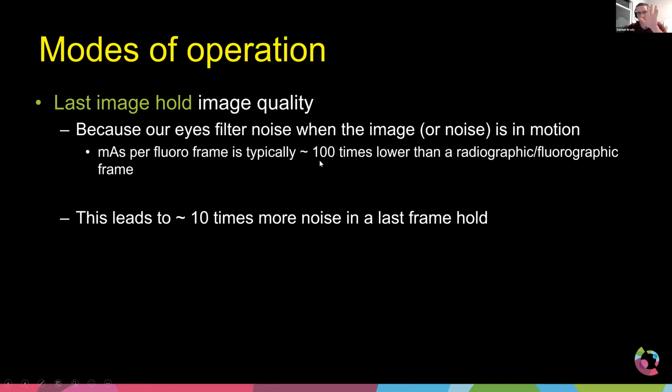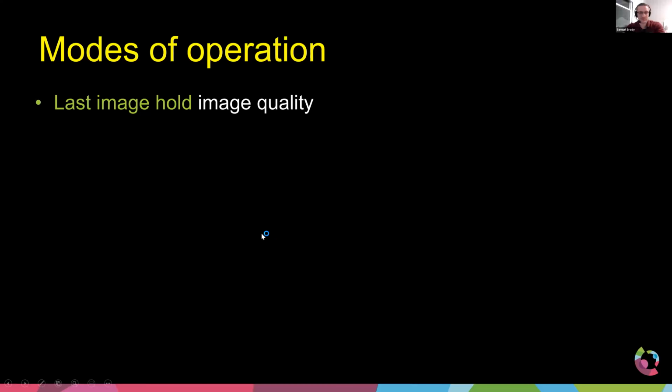So in the X-ray room, when you just take one image of a PA chest or an AP chest, the image will actually look a little bit more noisy in that static image than if you are acquiring that image in time because of our eyes. So what we need to do is make sure the dose per pulse is higher so that when we do that last image hold, as I mentioned, the dose is okay.